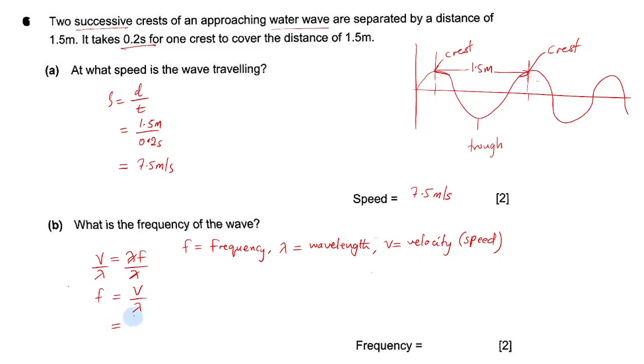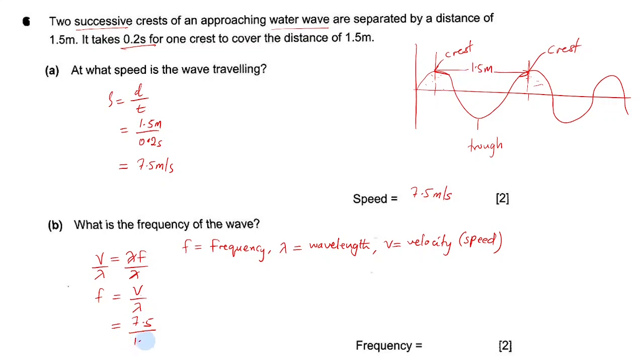Now, speed is what we have found here, which is 7.5, divided by wavelength. Wavelength is the distance between two successive crests. The distance between two neighboring crests is the wavelength. In this case, the distance from this crest to the neighboring crest is the wavelength, and we were already told it is 1.5.